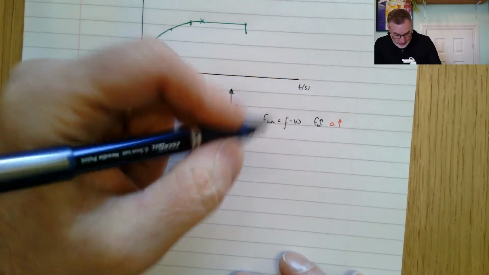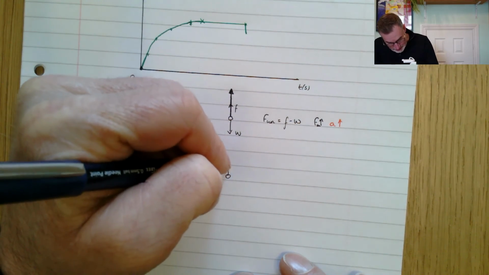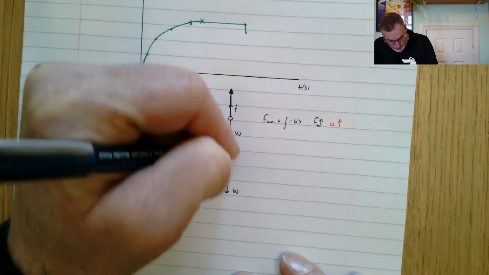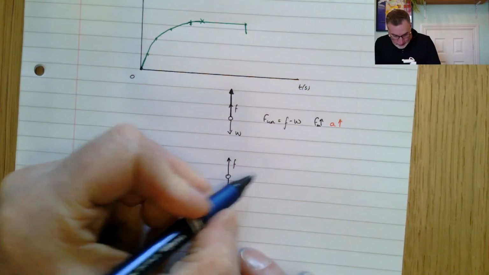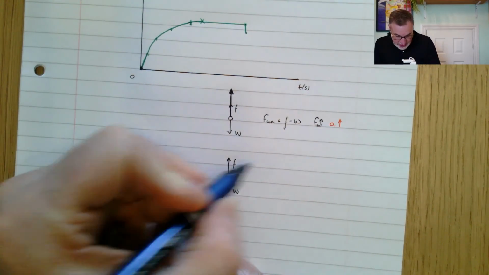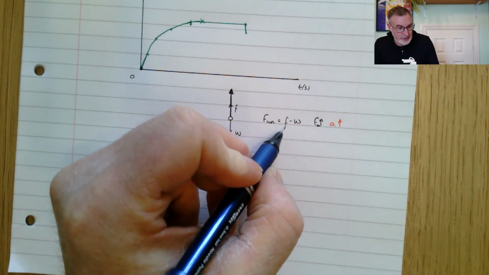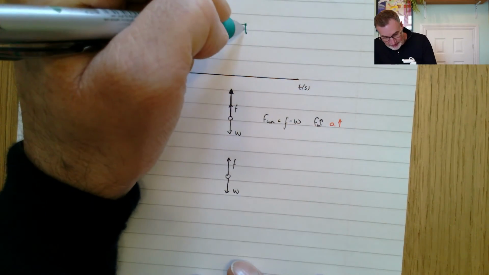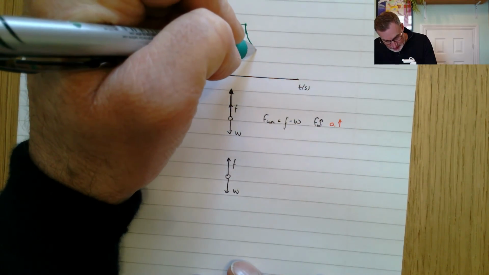The friction on the skydiver is going to get less. Again, weight will always remain constant. As the velocity gets less, the friction gets less, the unbalanced force will become less, and therefore the deceleration will become less, and our graph will start to look like that.